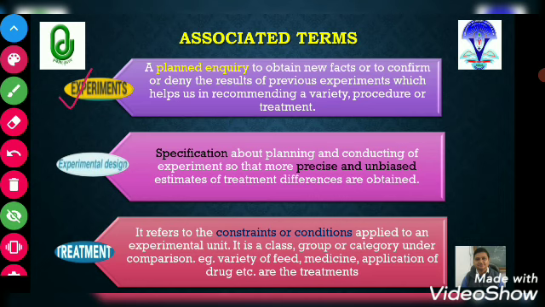New fact means, suppose you are having 3 feeds and you want to test which feed is effective in increasing milk production. That means you are establishing a fact that feed X is increasing the milk production. For that you need a planned inquiry. So an experiment is a planned inquiry to obtain new facts or to confirm or deny the result of a previous experiment.